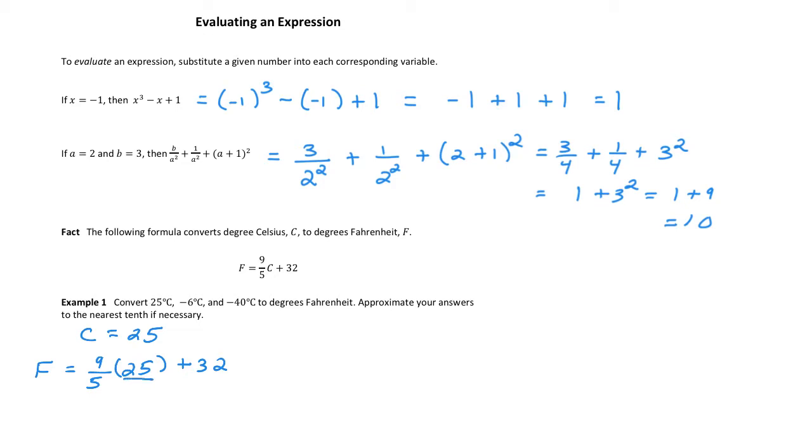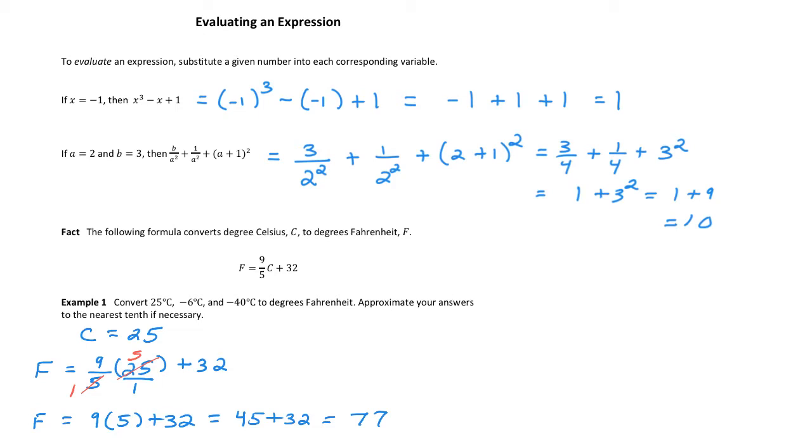So you could write this 25 as a fraction if you'd like. I know 5 goes into itself once and into 25 5 times. So this is really f is equal to 9 times 5 plus 32. So that is 45 plus 32, and that is 77.